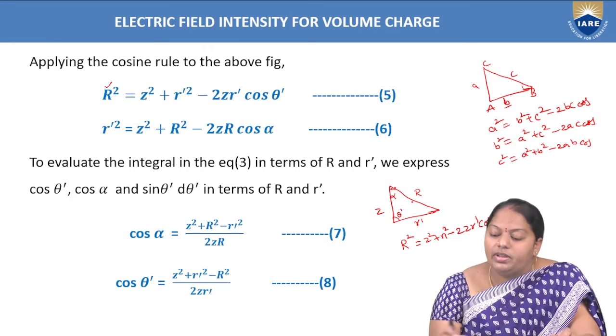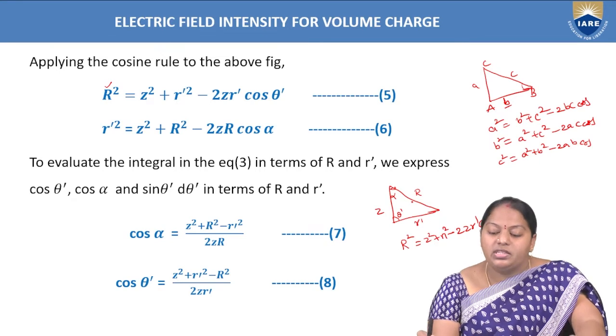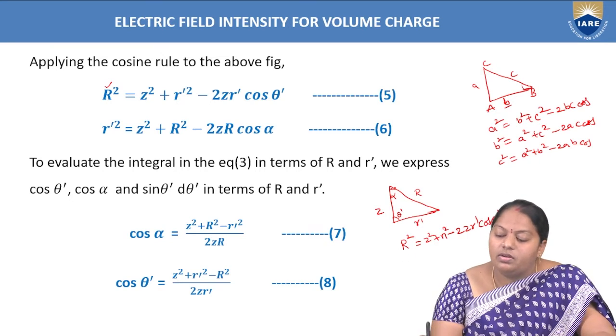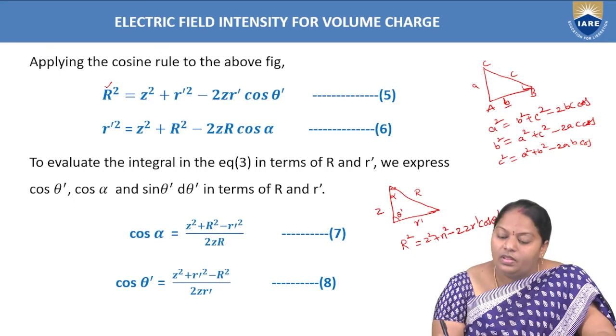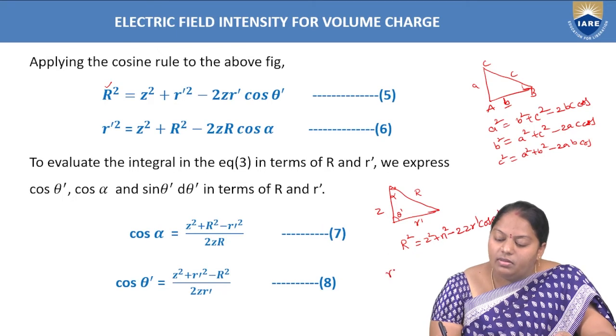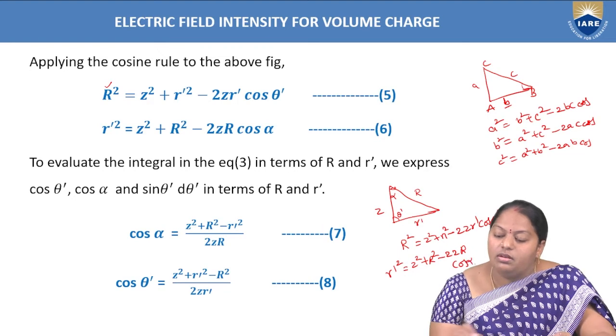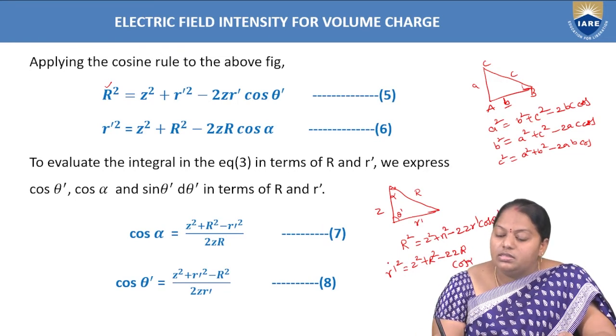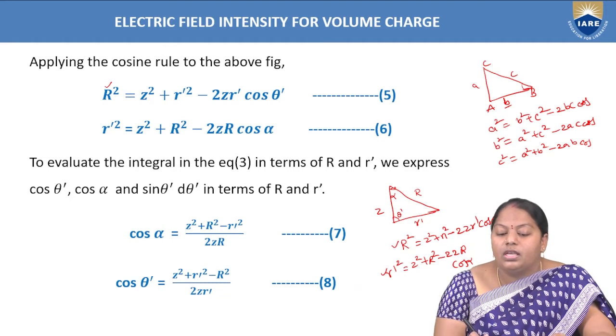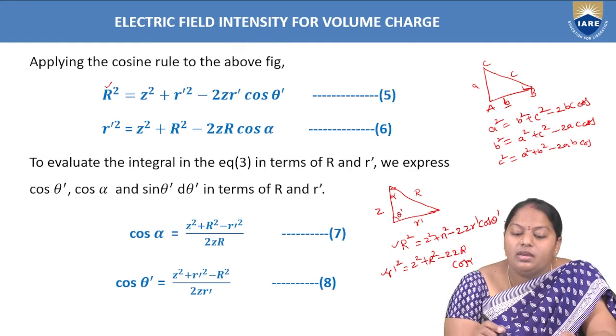These are the variables theta dash, r dash and phi dash we have considered, hence this is the equation for R square. Now in a similar way, we write the equation for r dash square. So r dash square means z square plus R square minus 2zR into the opposite angle, cos alpha. Hence, this is the way we have written the cosine rules from the figure.